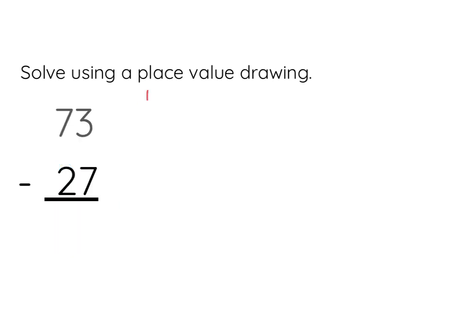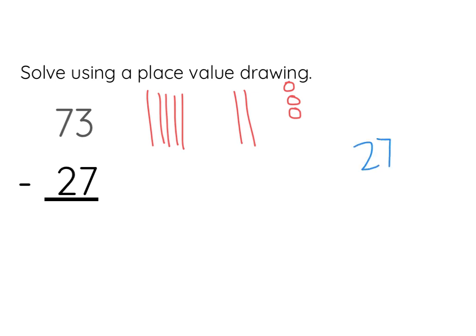This is a strategy that I really do love. It just makes so much sense. I have a 73, and I need to subtract 27. So in your mind, think 27's next 10.